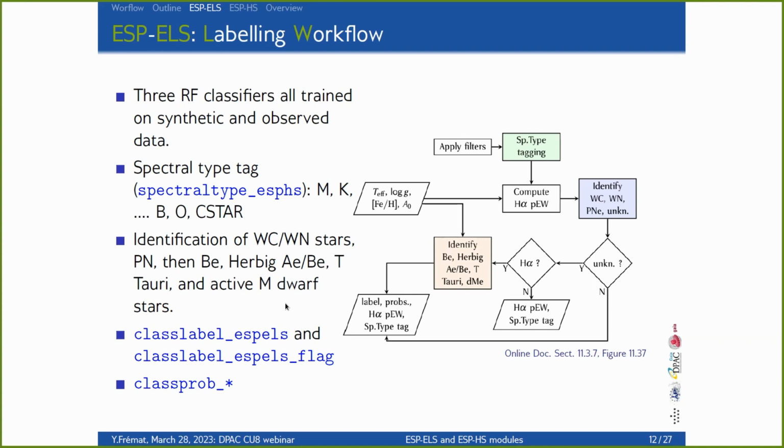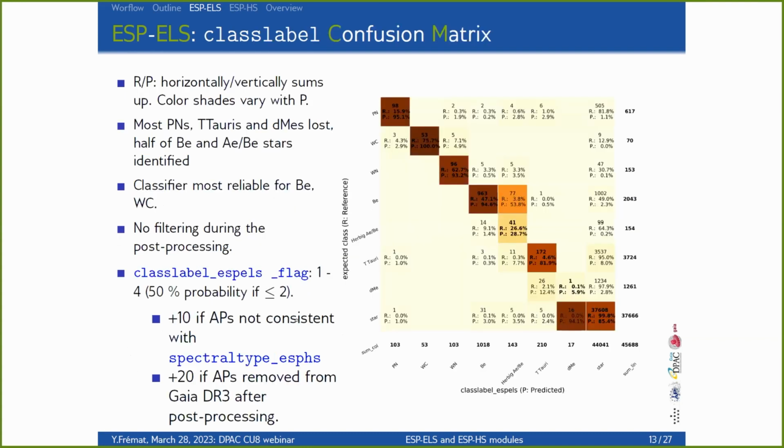So these results are stored in the astrophysical parameters table as a class label, but we also provide the individual probabilities we obtain for each of these 7 emission line star classes.